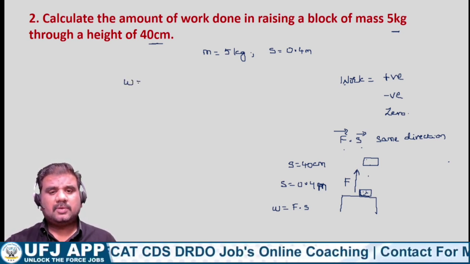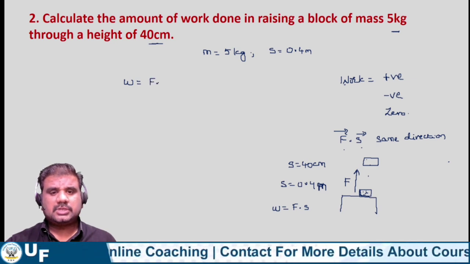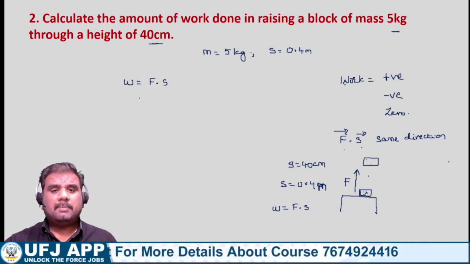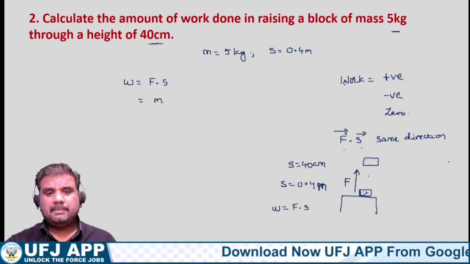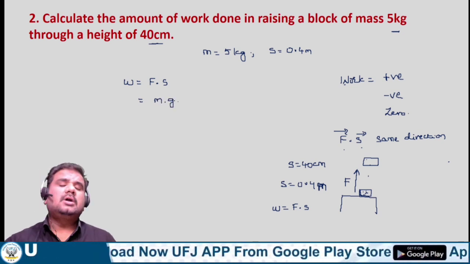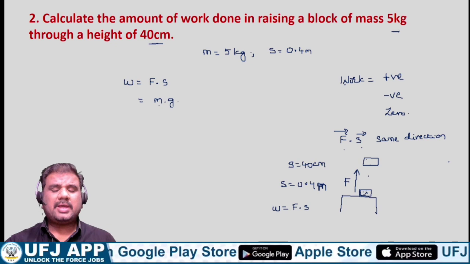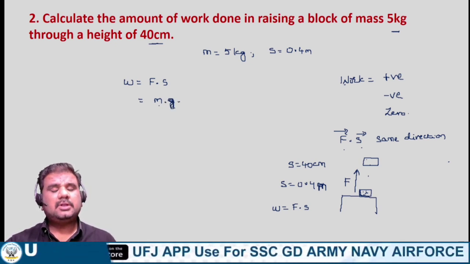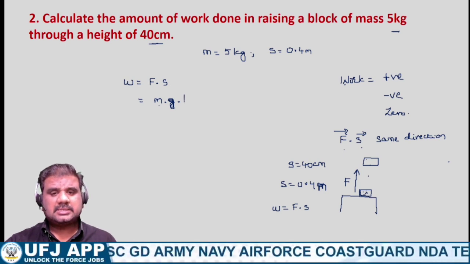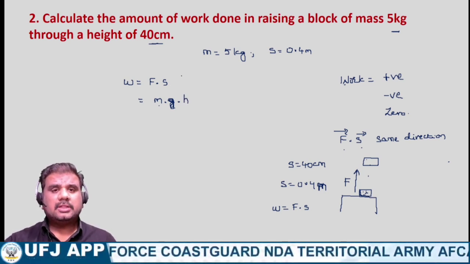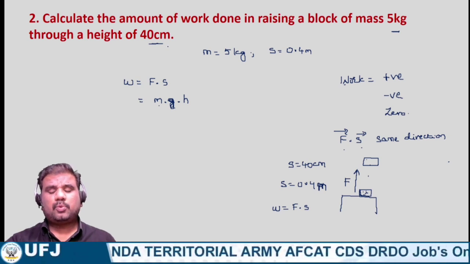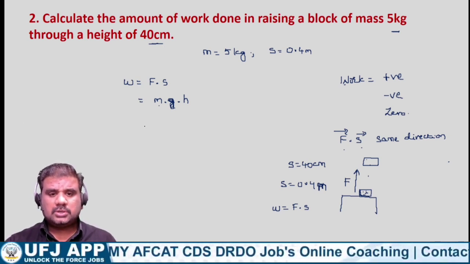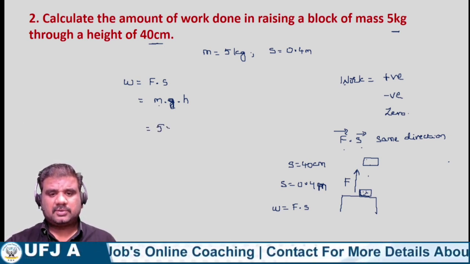So what is the formula for work? Work equal to force into displacement. But what is force? Force equal to mass into acceleration, లేదా M into acceleration due to gravity. అలాగే S value ఏంటి? S is nothing but your H. So ఎంత హైట్ ఇక్కడ, 40 centimeters, nothing but 0.4 meters. So what is the mass of the object? 5 kgs.